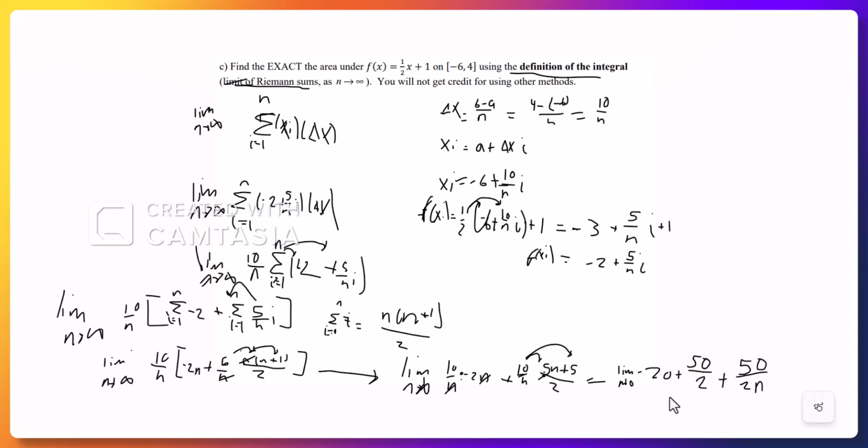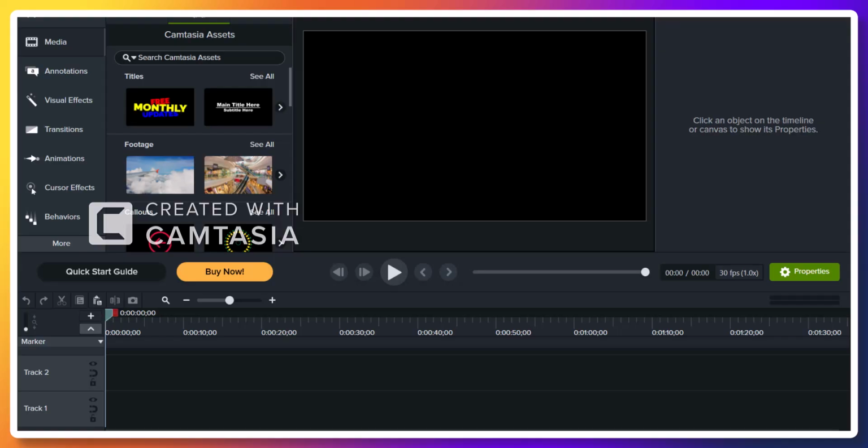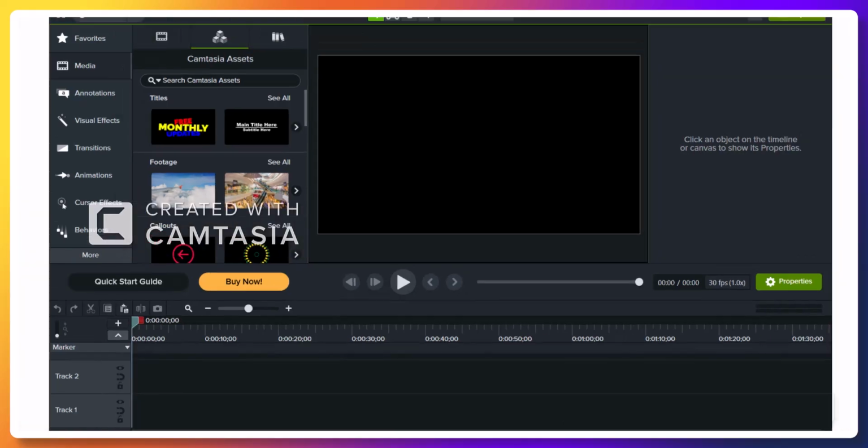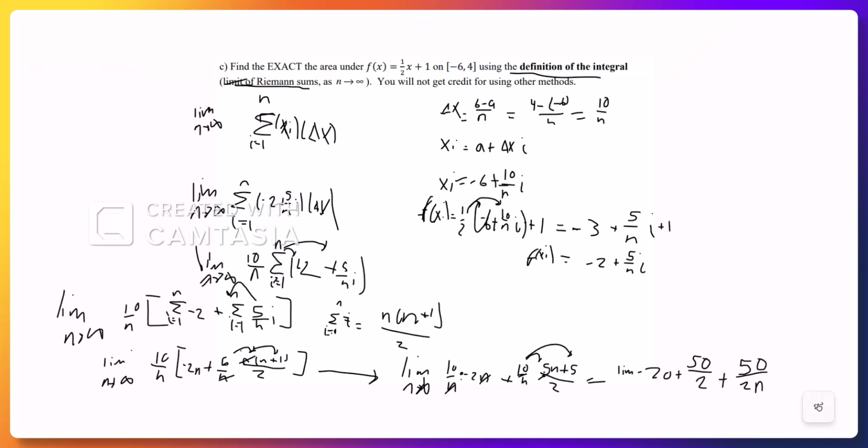So now that we have this, as n approaches infinity, we're going to plug that in. Sorry about this. So as n approaches infinity, n turns into infinity here, and that's the only n we have in our equation.